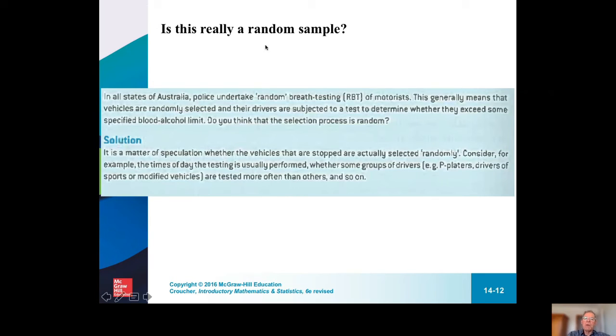Well, what's a random sample all about? And is it really a random sample? They call it random breath testing, RBT. But whenever there's some judgment there, is it really random? On the side of the road, it's possible that our police officers might be interested in targeting P-platers, or they see a hot rod come through and they think, that's interesting.